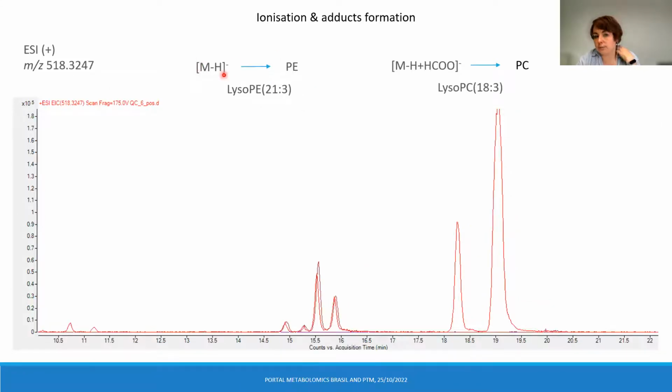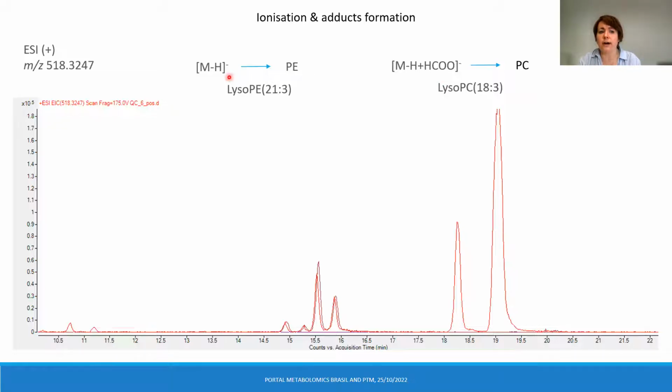So this information cannot be used to decide about our identification. But what is important, in negative ion mode, phosphoethanolamines are perfectly detectable through deprotonation, while phosphocholines never form such an ion. Instead, they are ionized forming an adduct with formate.